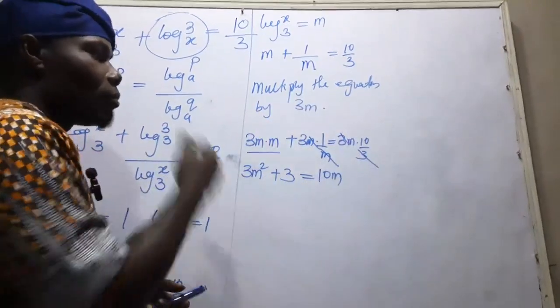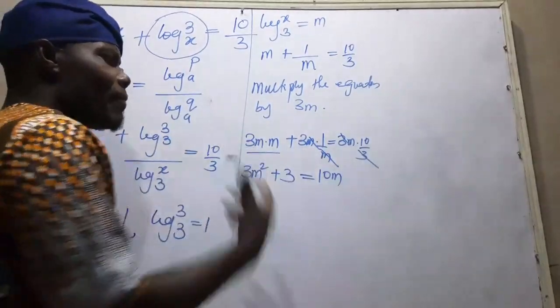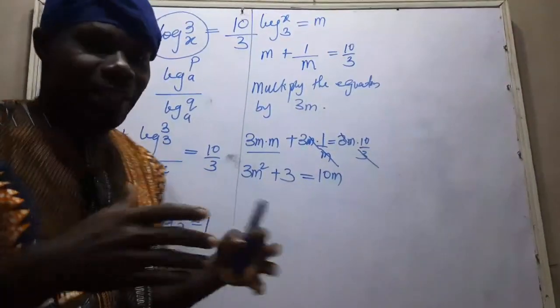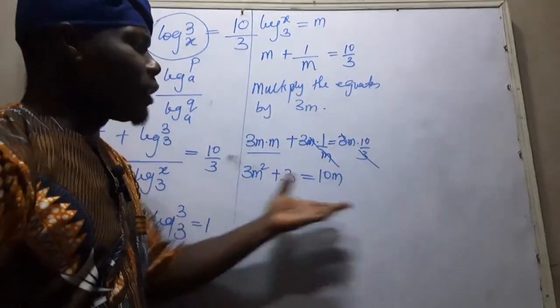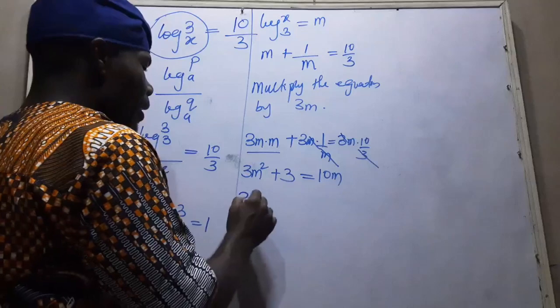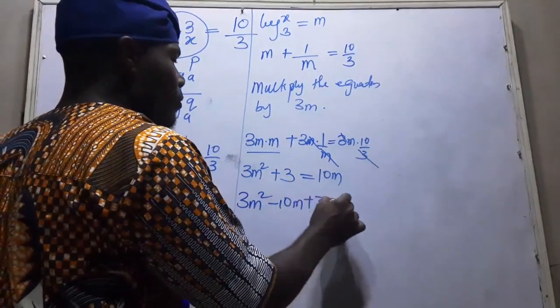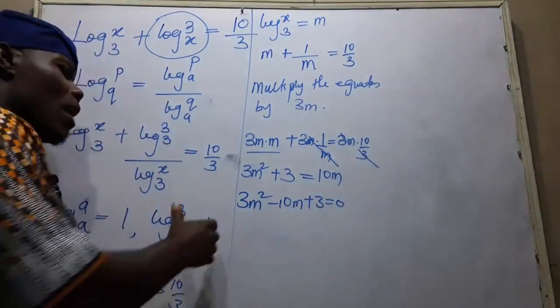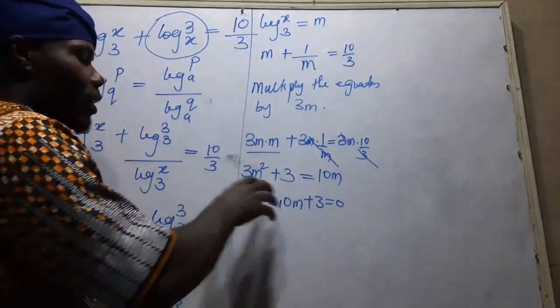Changing it to linear form makes us understand what next to do. So we have 3m squared minus 10m plus 3 is equal to 0. It has turned into a quadratic equation.